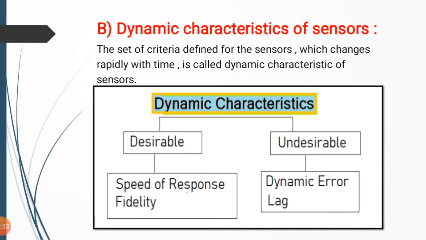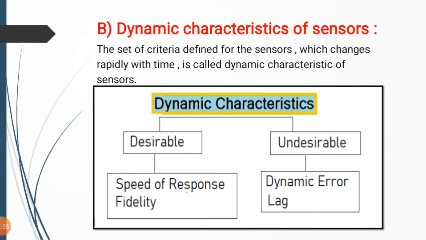In that there are two parameters: first is the dynamic error and second one is the lag. Generally two types, the desirable and undesirable, and under each there are again two types. So we see one by one.